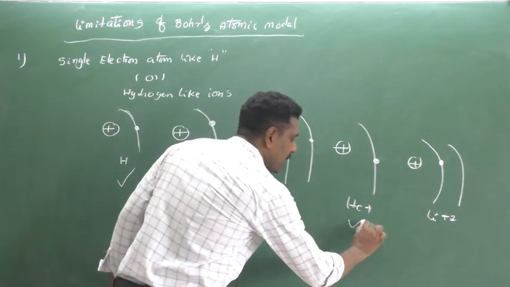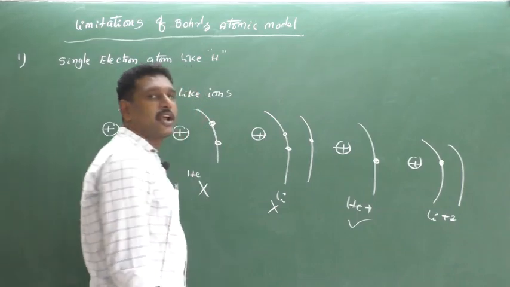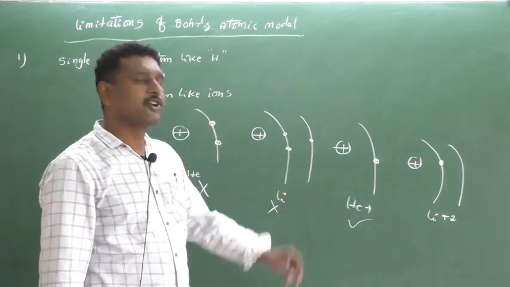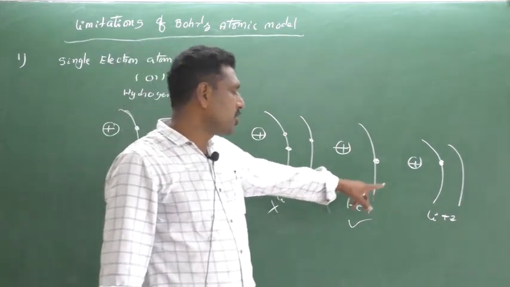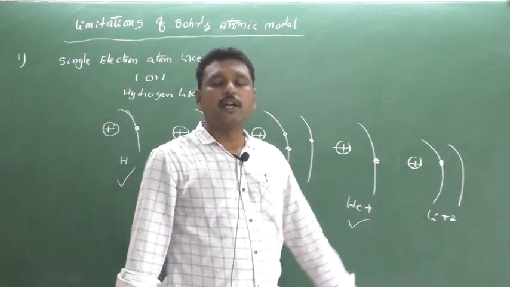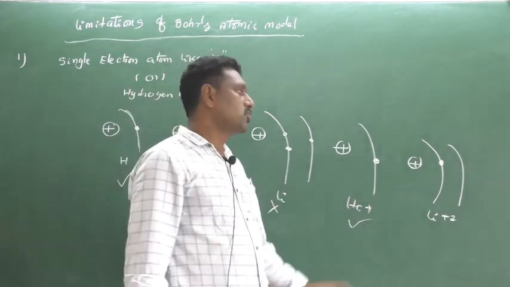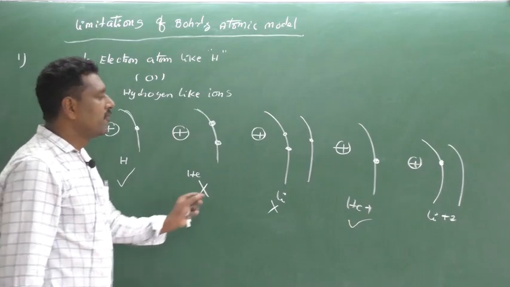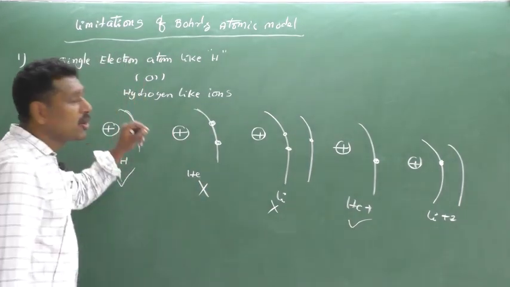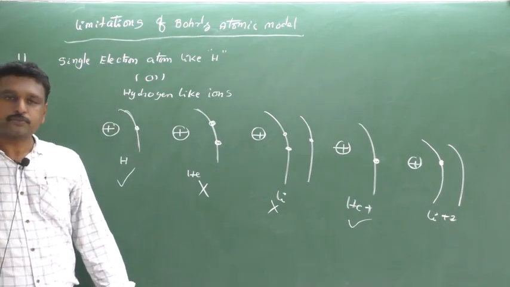But it is applicable for He plus, because after losing 1 electron it has only 1 electron. It is also applicable for Li plus 2, because it lost 2 electrons and has only 1 electron. Therefore, it is applicable only to hydrogen and hydrogen-like species.